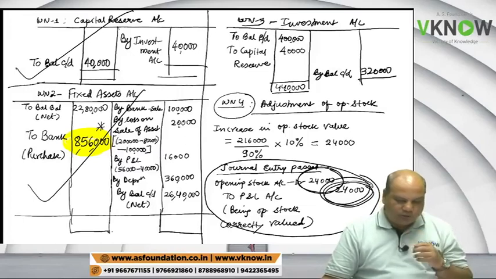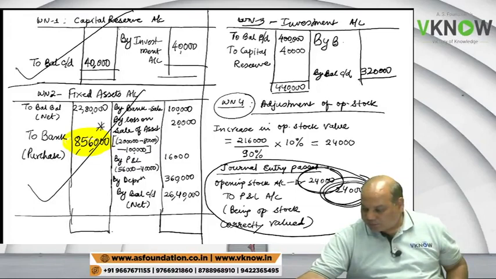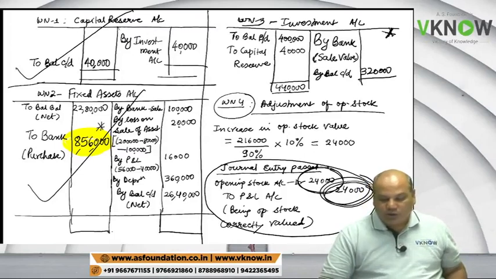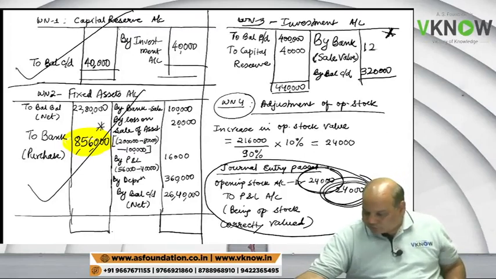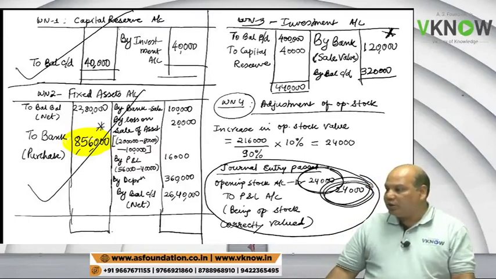So the student will have to find out here by bank balancing figure, and that is the sale value. 440 minus 320. So the value of the investment sold, or sale value, is 1,20,000.